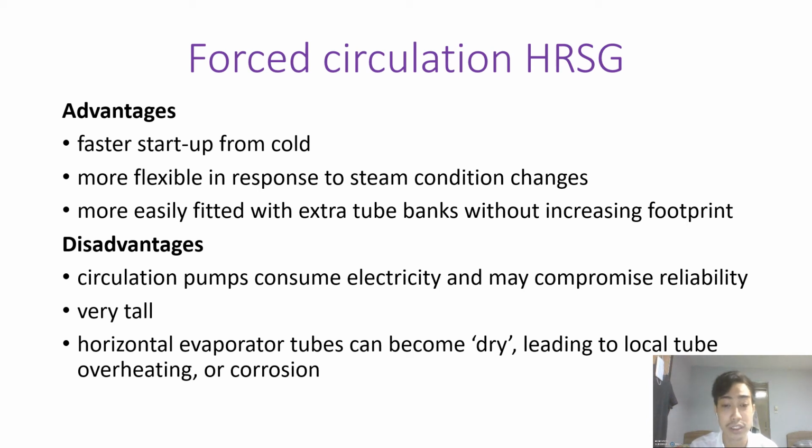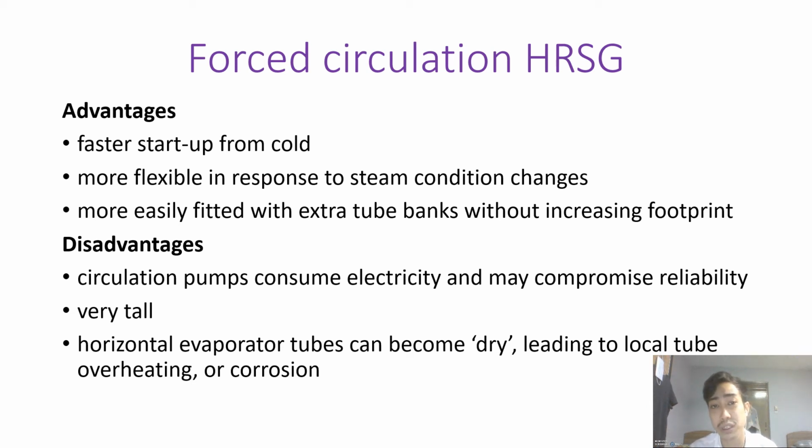Next, the disadvantages. Because it is forced circulation, it uses circulation pumps. Therefore, these consume more electricity and may compromise reliability compared to natural circulation. Next, the vertical HRSG is also very tall.